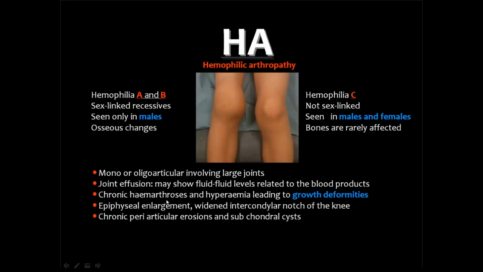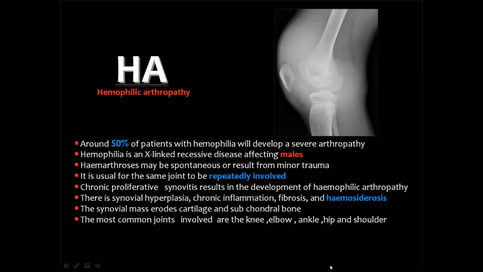Chronic hemarthrosis and hyperemia will lead to gross disturbances in the form of epiphyseal enlargement, widening of the intercondylar notch, and sometimes premature fusion of the epiphysis. There may be chronic periarticular erosions and subchondral cysts.